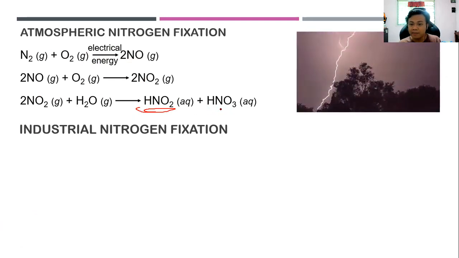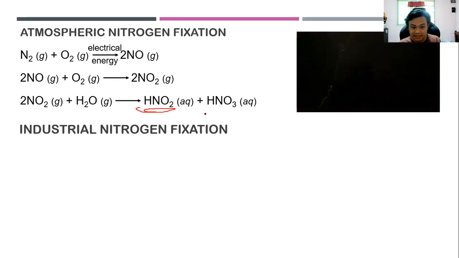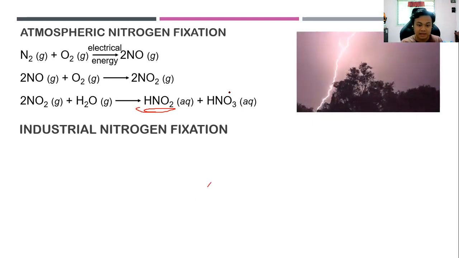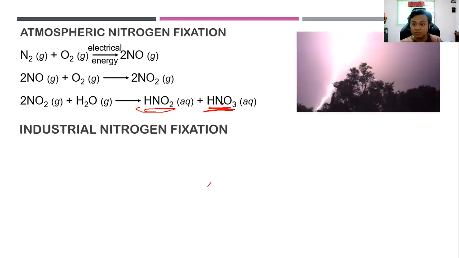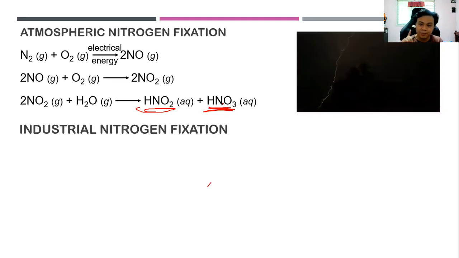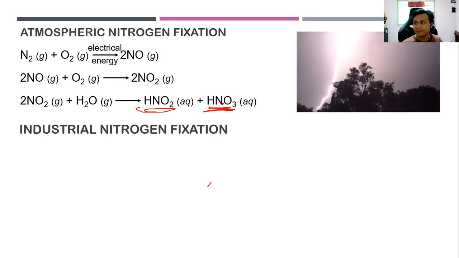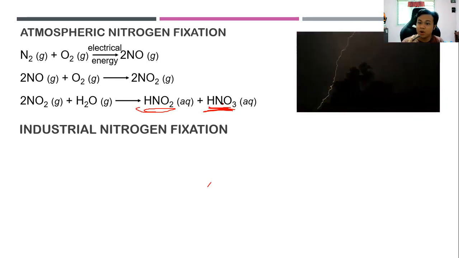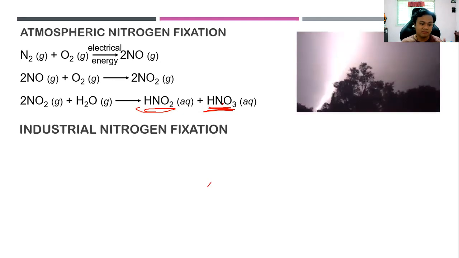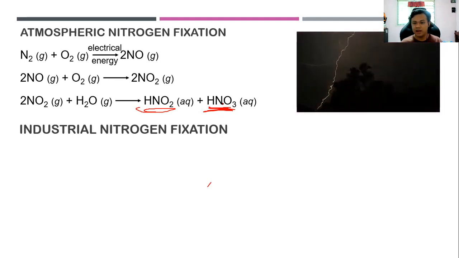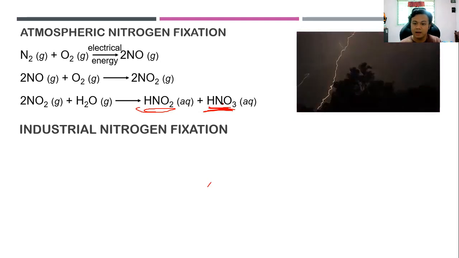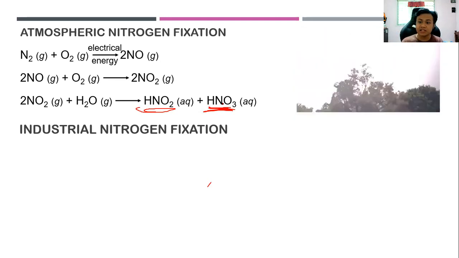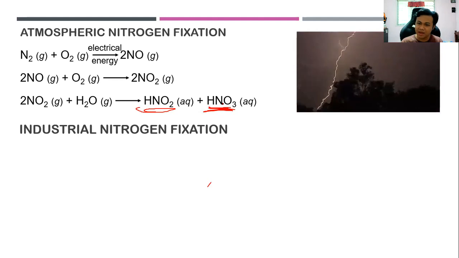And our chemical of interest is nitric acid, because it is the precursor for our fertilizer. But we can't always rely on the processes of nature, because admit it, we can't have perpetual thunderstorms to make these kinds of chemicals.